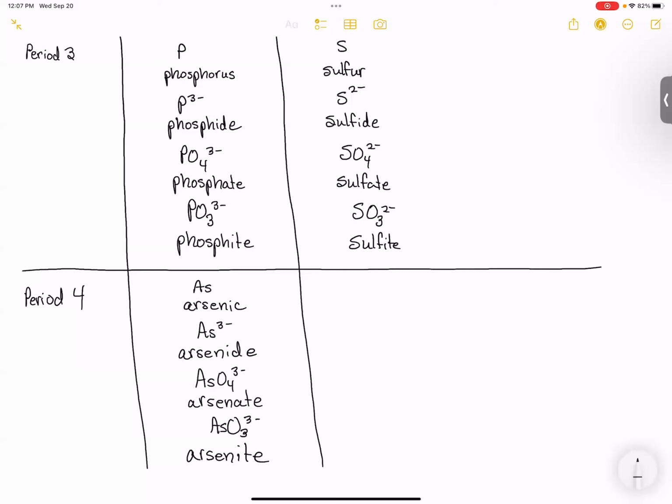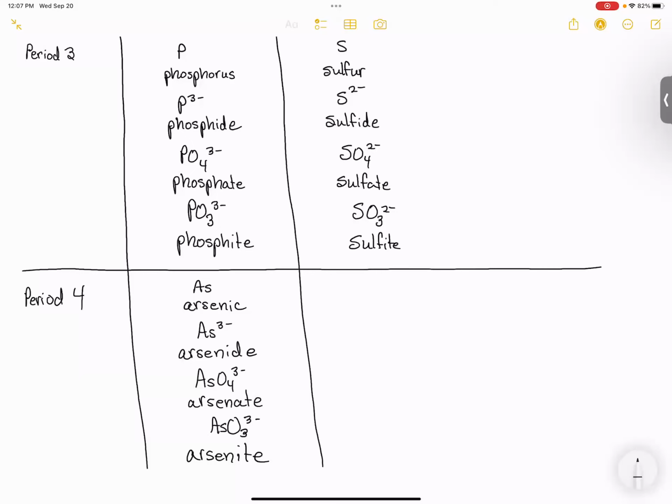But that trend that you see from period 3 and period 4 includes phosphorus, arsenic, sulfur, selenium, and tellurium. The trends you just said are good for all of those 5 elements.